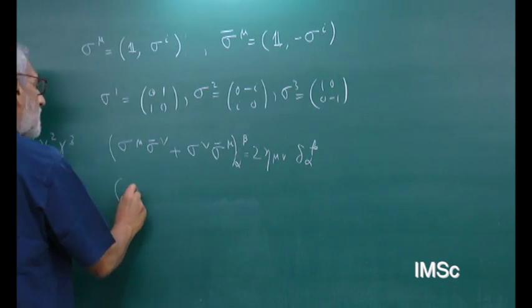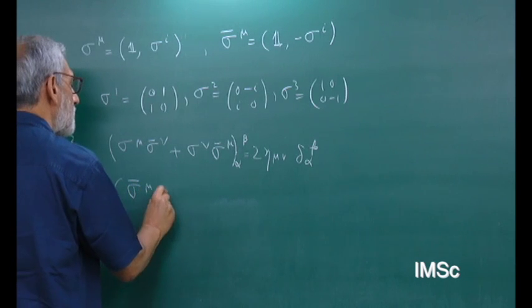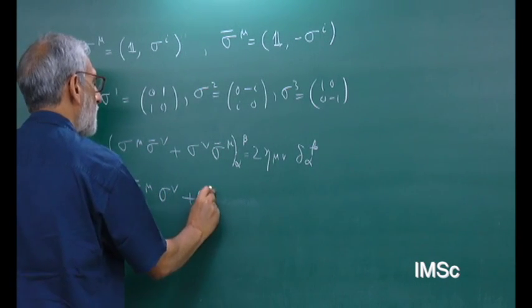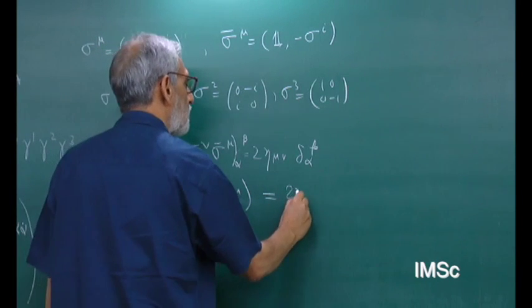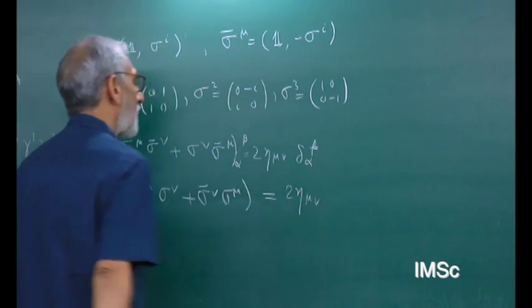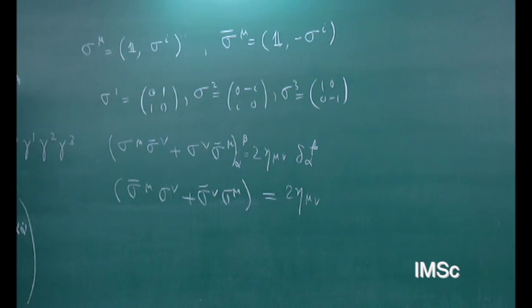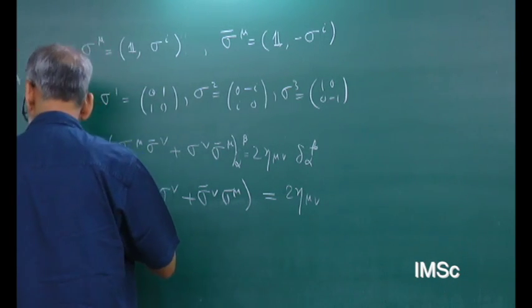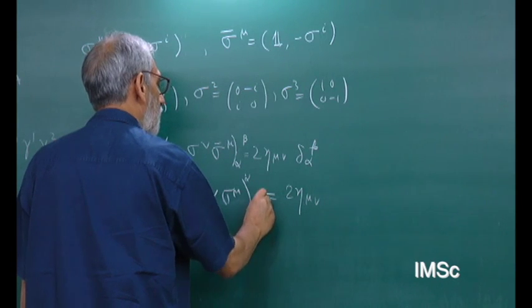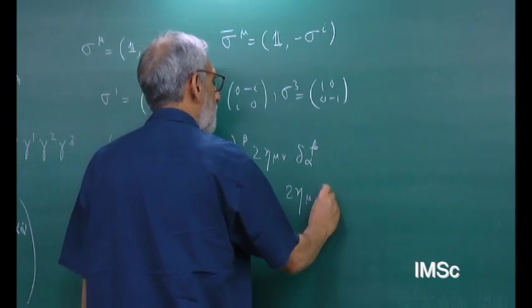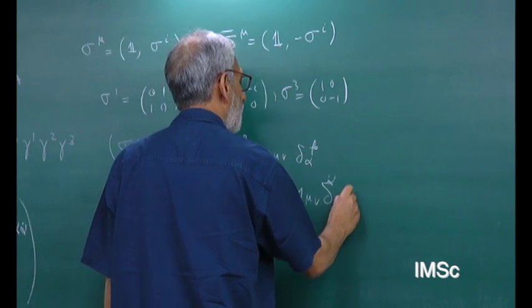And sigma mu bar sigma nu plus sigma nu bar sigma mu, this is also 2 eta mu nu. And if I want to keep track of the matrix labeling, now this is alpha dot up, beta down, later second index, alpha dot, beta.